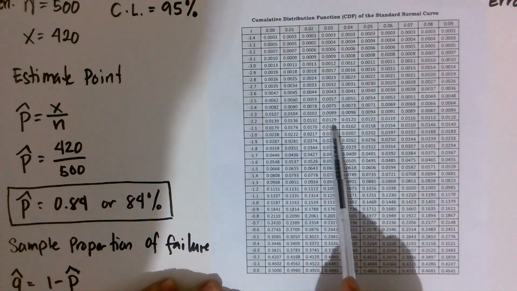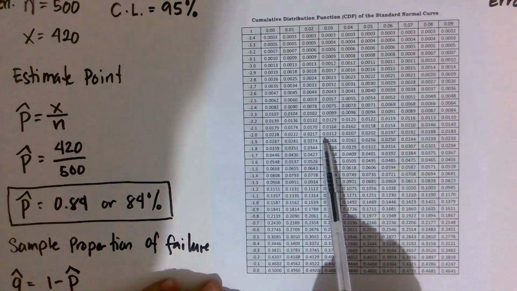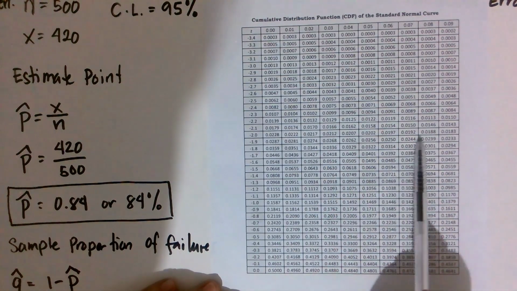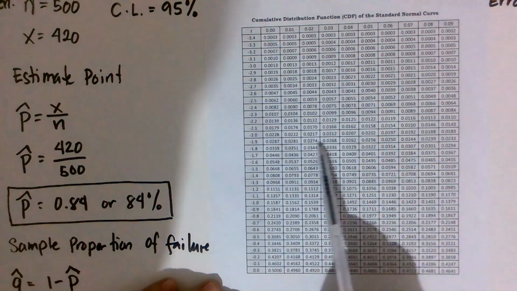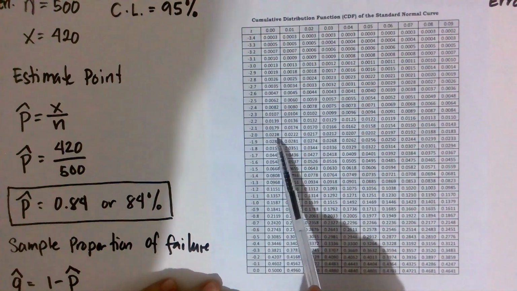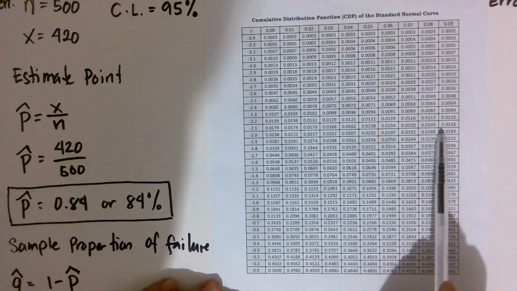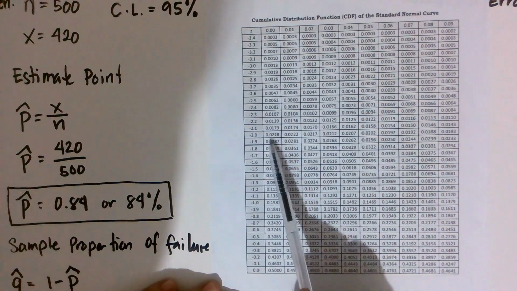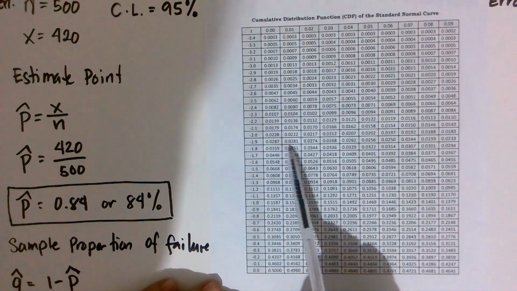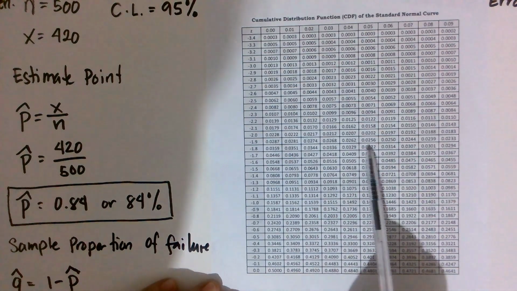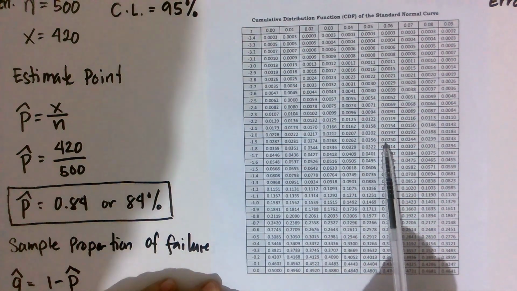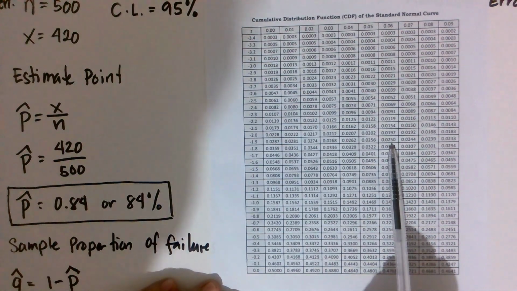Ayan, 0.02. Sa kabila yata. Ayan dito 2.8 mataas, baba natin. There, 0.0250. Ayan, so ito yung hinahanap natin.